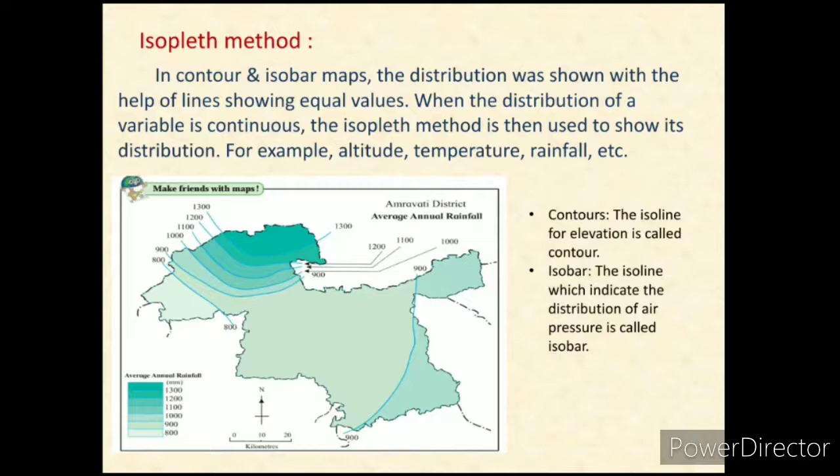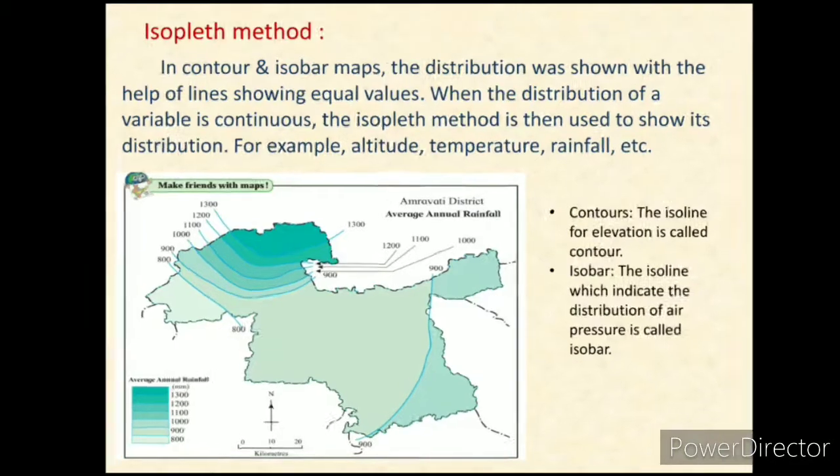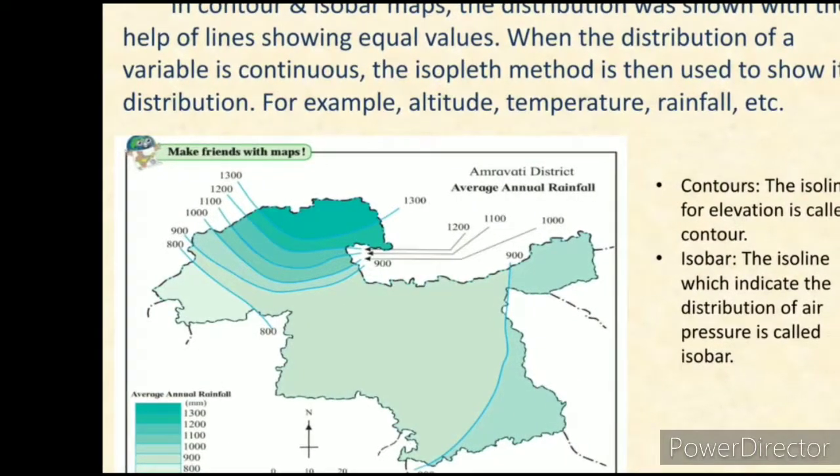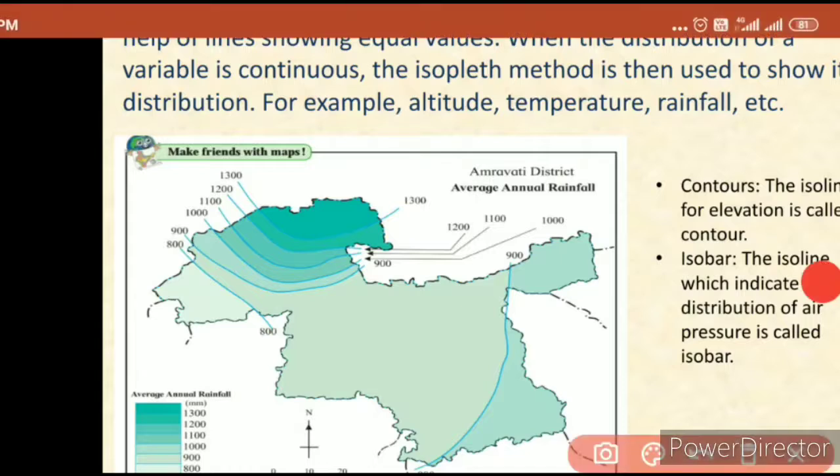Okay. In contour and isobar maps, the distribution was shown with the help of lines showing equal value. See that in the map the lines are showing equal value. 1300 joined with 1300, that area is getting equal rainfall.